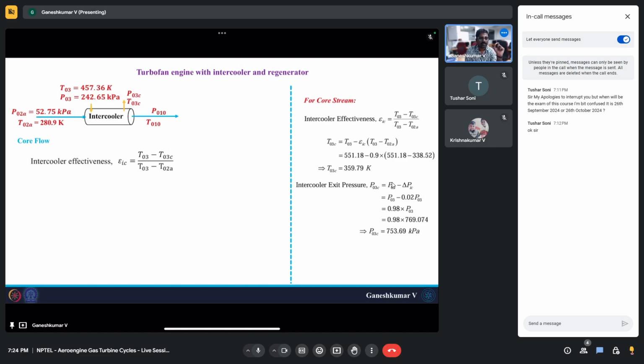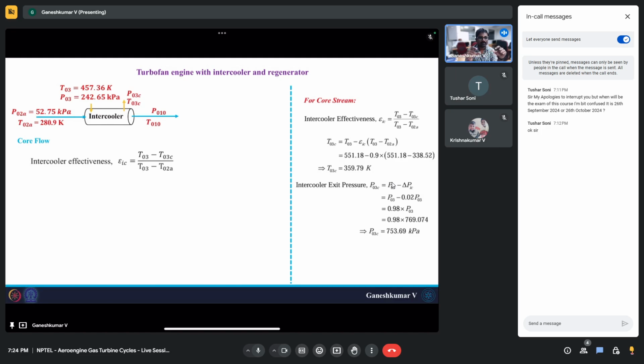Please note that. If you already know effectiveness, you would have understood by now. But if you don't know effectiveness, it's nothing but actual heat transfer by the maximum heat transfer.